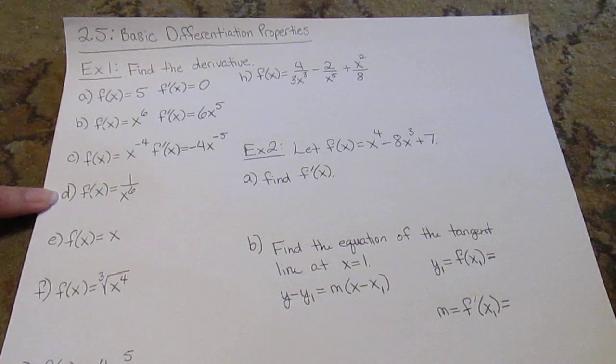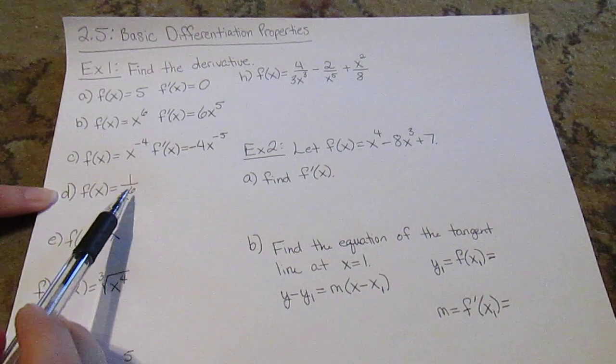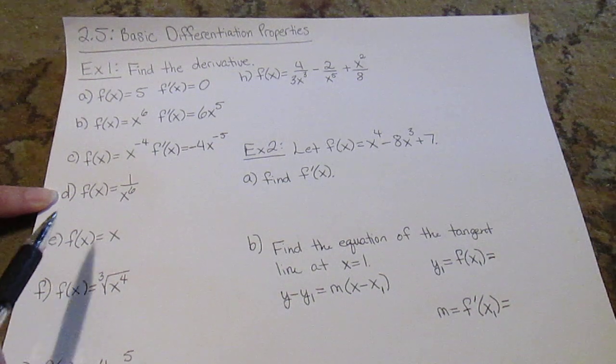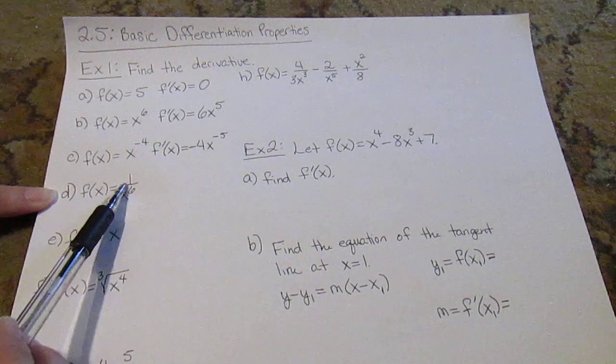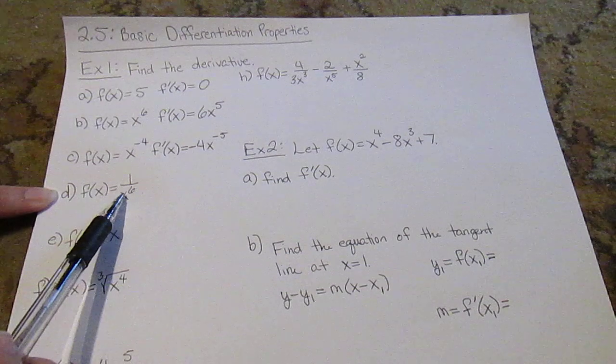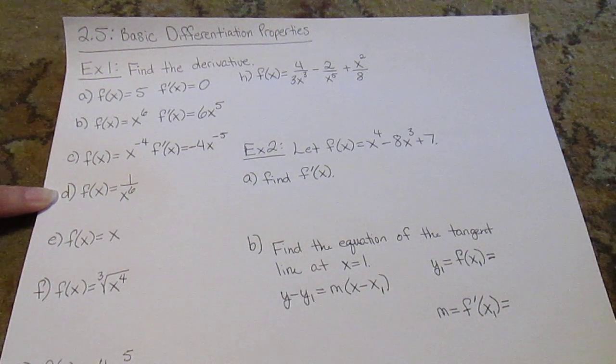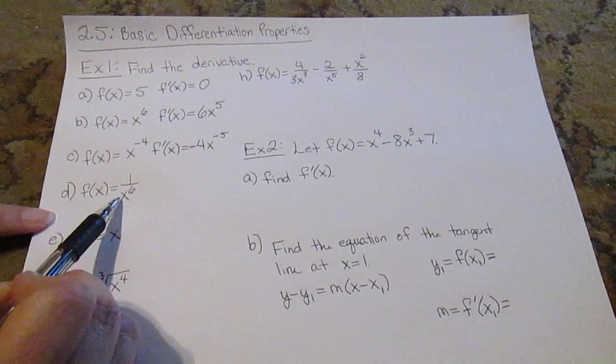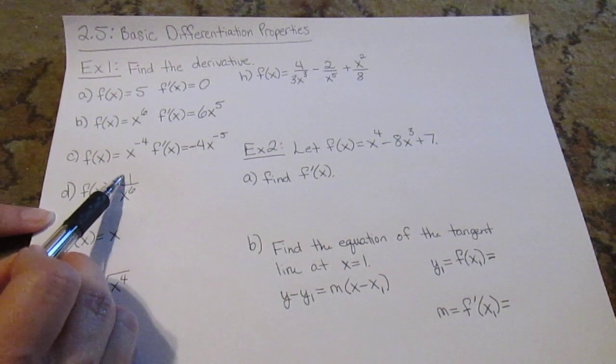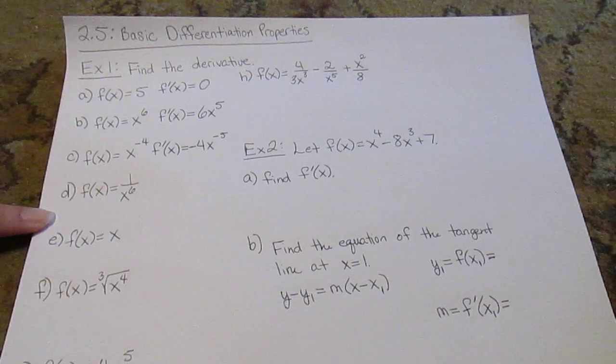Part D, f of x equals 1 over x to the 6th. Well, wait, this is not written as a variable to a power. We've got it in the denominator. So we can't quite use the power rule yet. You may have to rewrite some of your problems before you can find your answer. Okay? Well, remember, if we move this term up to the top, it just changes the sign of the exponent.